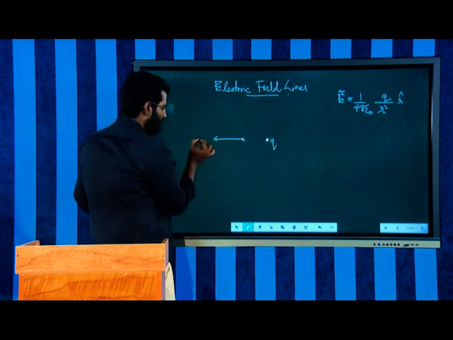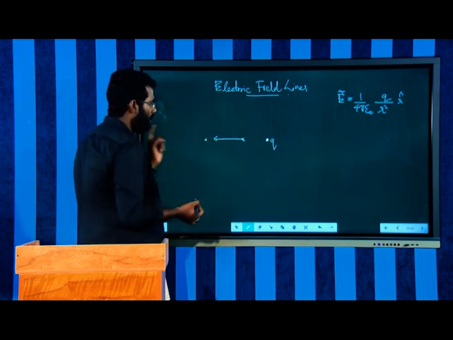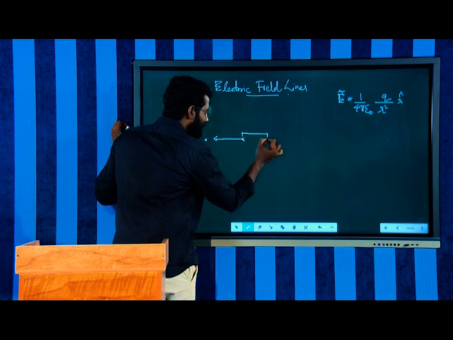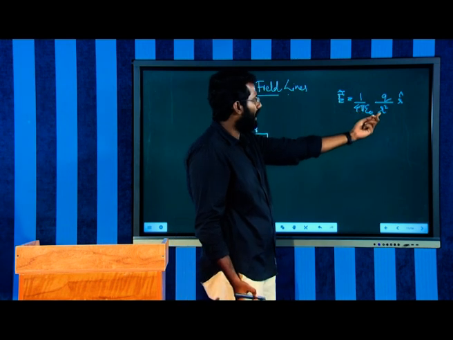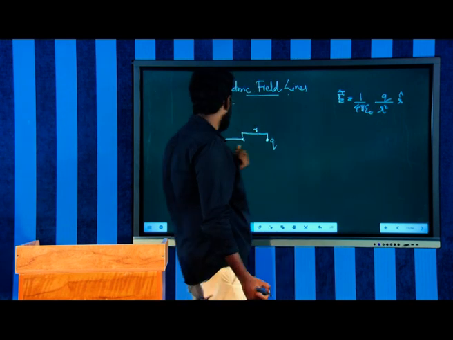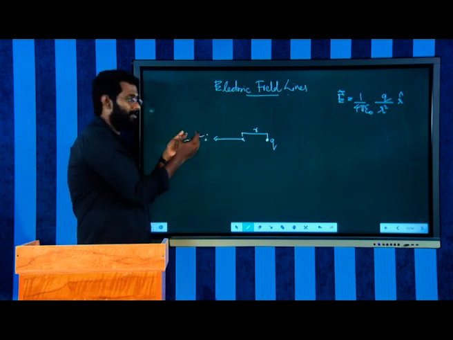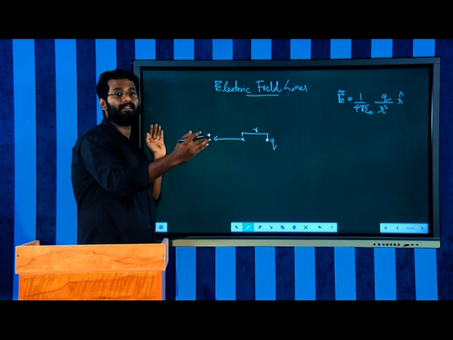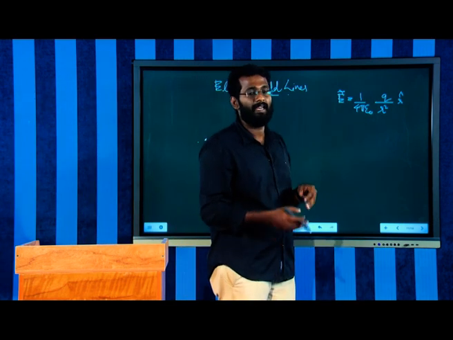One more here, at this point. Now, at this point what happened? This vector is for this point, that means the distance is this much. This is our r, that means the magnitude is much higher than that at this point. What happened when we are receding away from that q? When we are moving away from q, the r is increasing. So, since r is in the denominator, it has to fall.